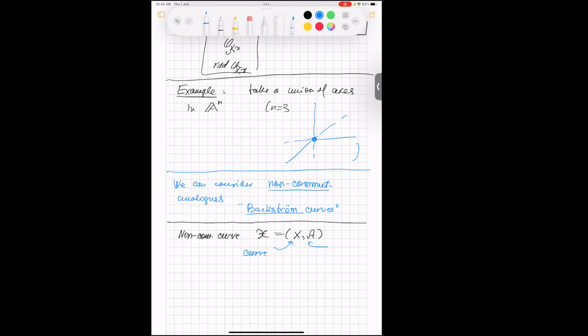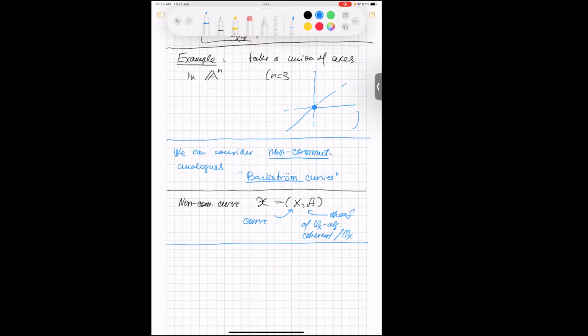A is a sheaf of O_X algebras which is coherent as an O_X module, which means locally finitely generated as an O_X module.